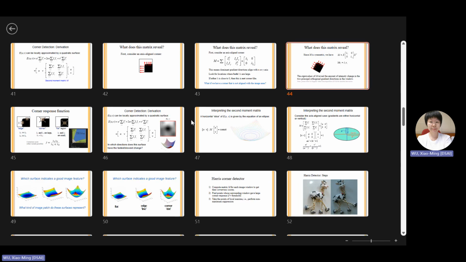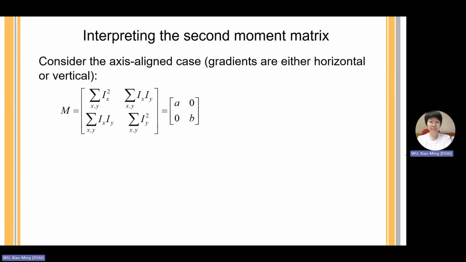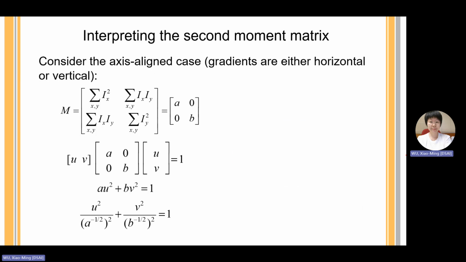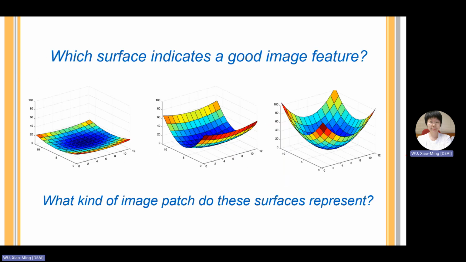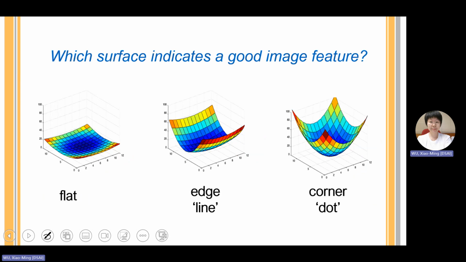I have skipped a few slides here because they just illustrate the property, the visualization of the E function. What the E function would look like if it's a flat region, an edge line or a corner.